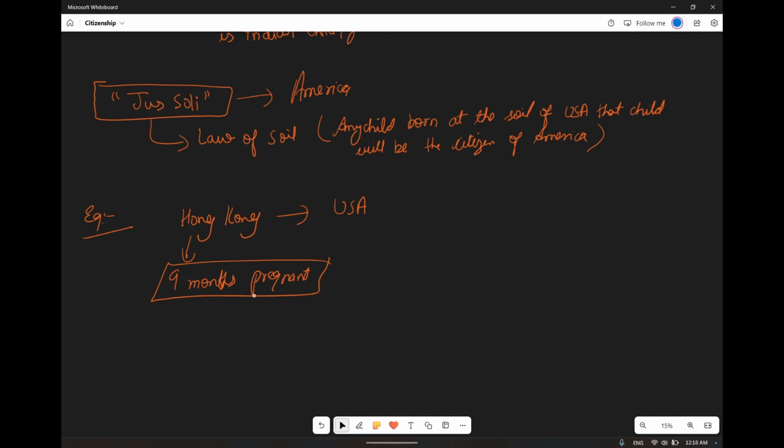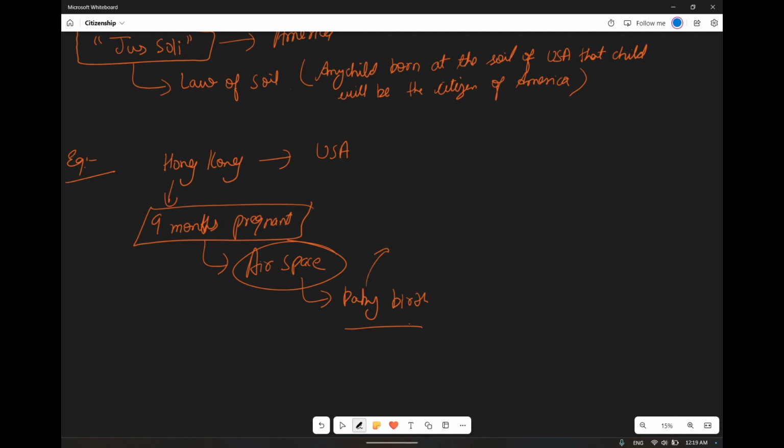Doctors were also there in the flight. As soon as the flight entered the American airspace, she gave birth to a baby. That baby became a citizen of USA.